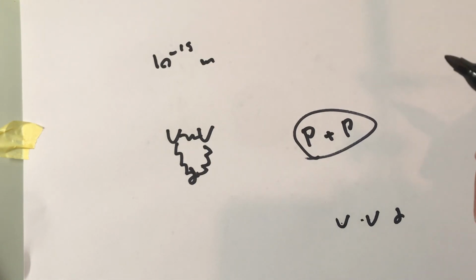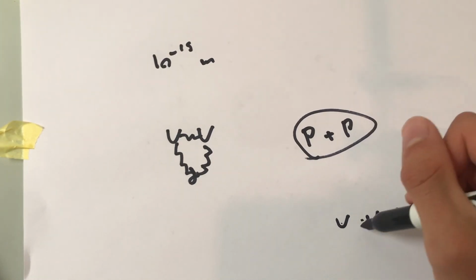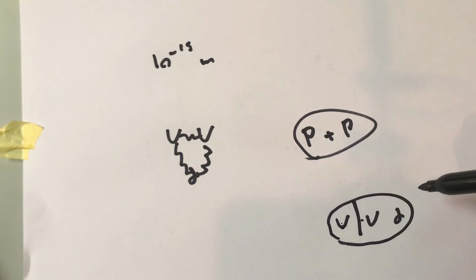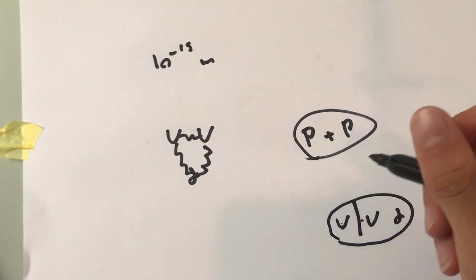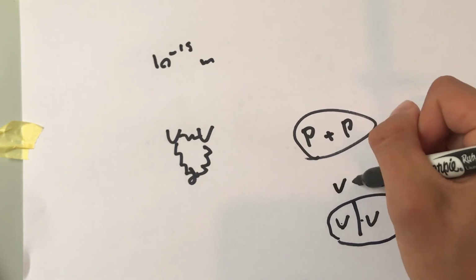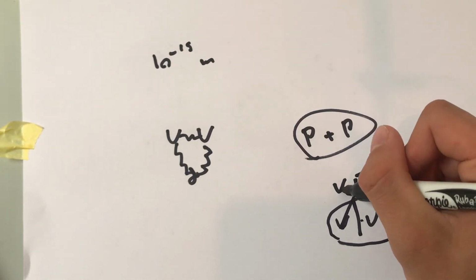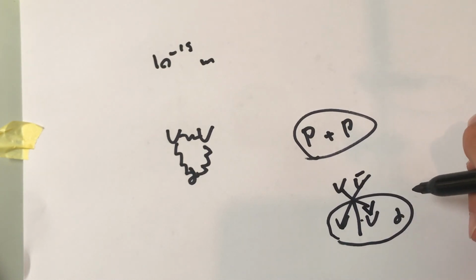So if you would be able to give this proton enough energy where this up quark would be forced to leave the system, you would simply just create an up anti-up quark pair. And these two would annihilate and this thing would go into the proton. And that is the basis of nuclear physics.